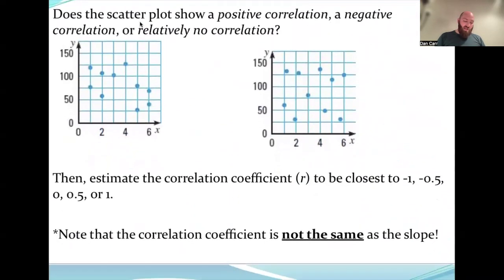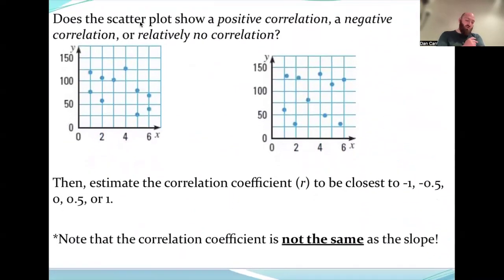So we look at these. Does the scatter plot show a positive correlation, a negative correlation, or relatively no correlation? Given those choices, for the first one, I would say there is relatively no correlation. No, you know what?